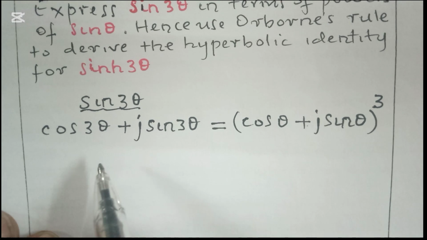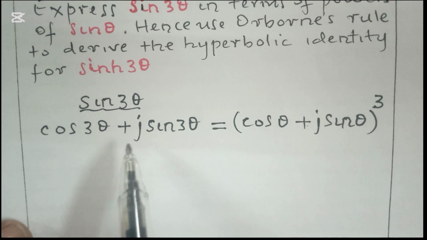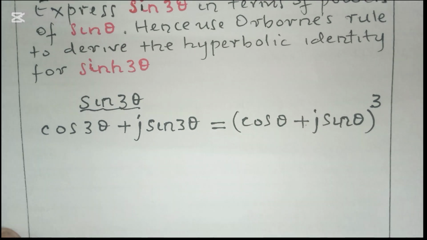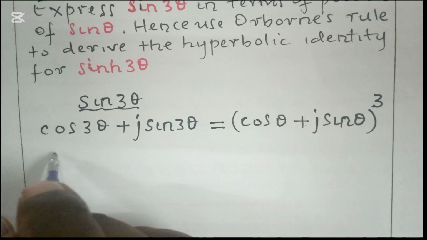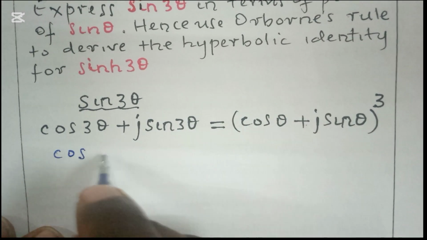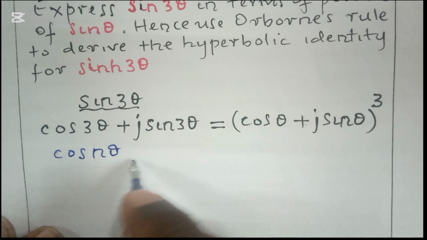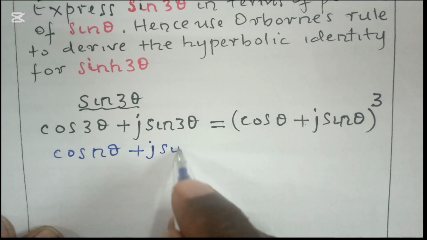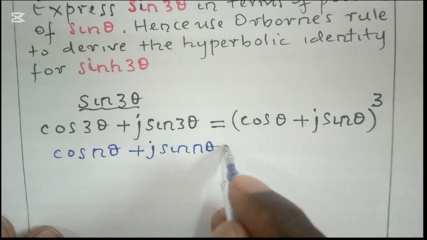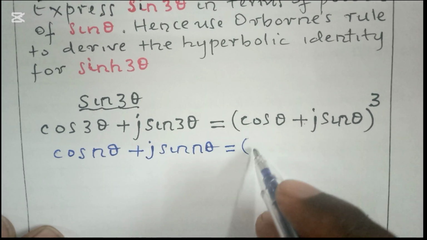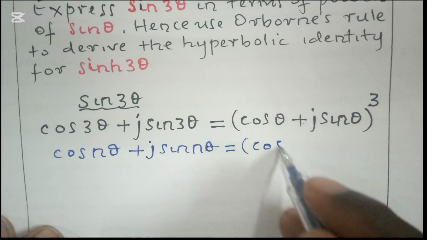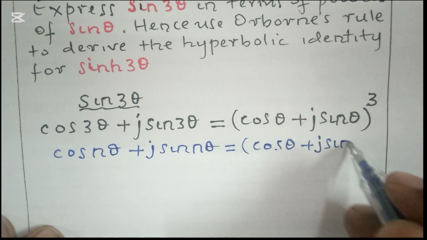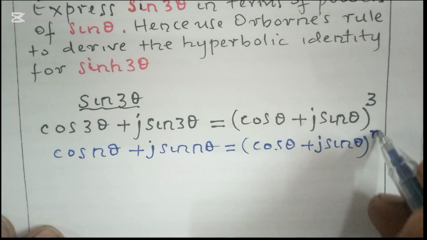So in other words, if our 3 is, for example, n, we usually have cos n theta plus j sine n theta given by cos theta plus j sine theta raised to n.